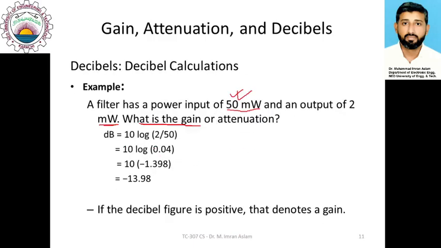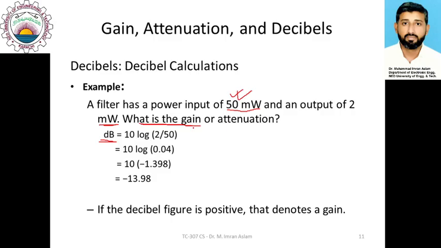If you use this formula, the dB value of the gain should be equal to 10 log of the output power, 2 milliwatt, upon the input power, 50 milliwatt. You can see that I have ignored the milliwatt in numerator and denominator because this is a common unit in both. Even if you include the factor of 10 raised to power minus 3 in denominator and numerator, it would cancel out.